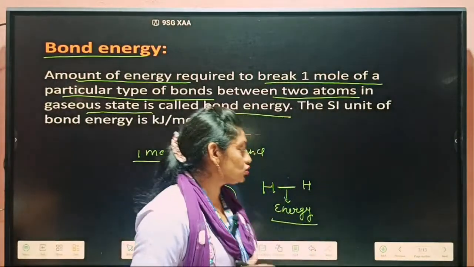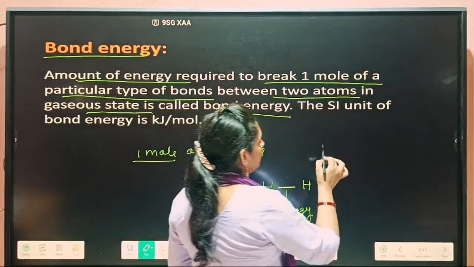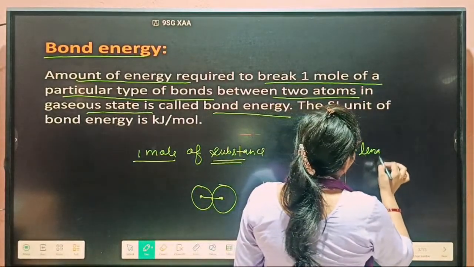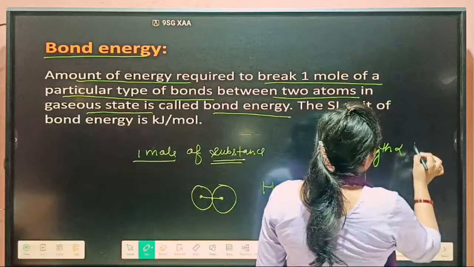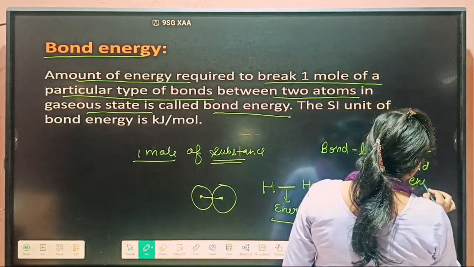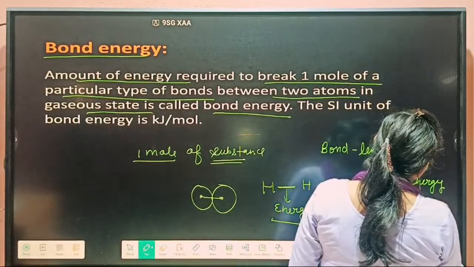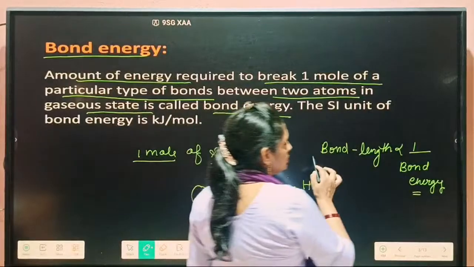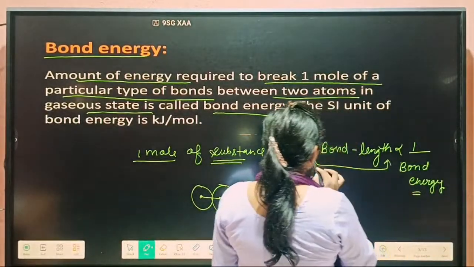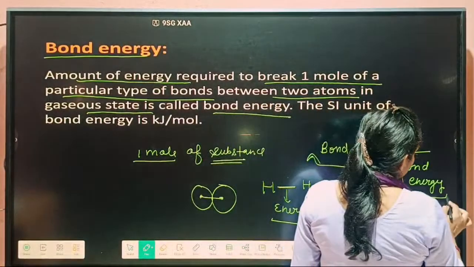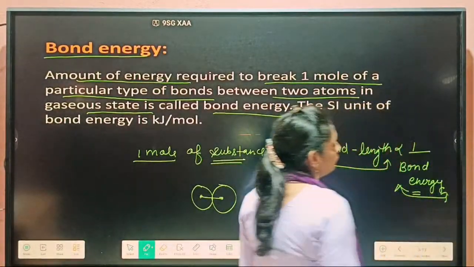So we can say, students, bond length and bond energy are inversely proportional to each other. Okay, if bond length is more, then we need to provide less amount of energy to break that bond.